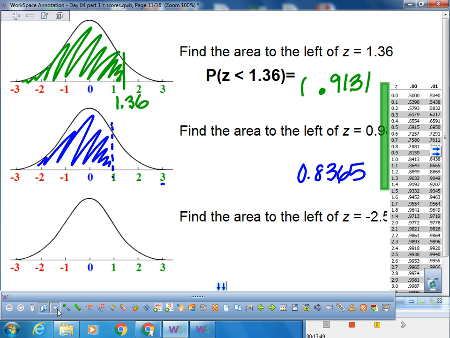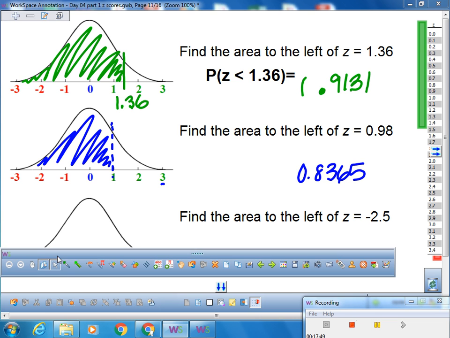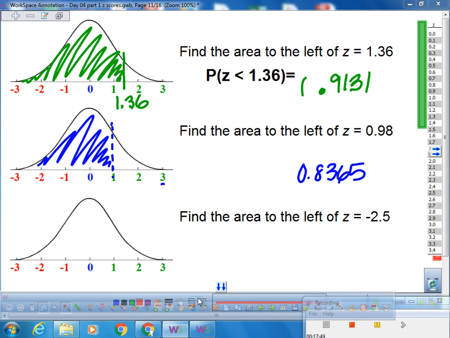Okay, what about find the area to the left of z equal to negative 2.5? You guys tell me. Negative 2.5. Now, wouldn't you expect this area to be pretty small? Find the area left of negative 2.5.